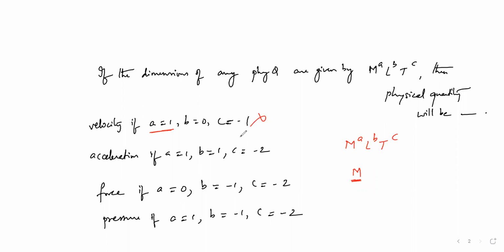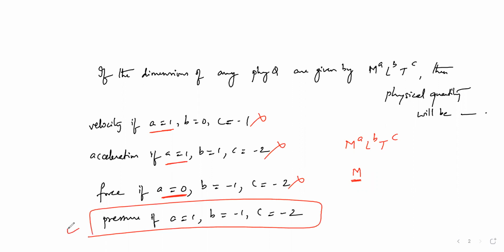So this cannot be your answer. Next, again taking a value 1. In acceleration also you don't have mass. This is also gone. They are telling a equals 0, that means there is no mass. Force: what is force? Mass into acceleration. Without mass, what force will they get? Nonsense. So your answer is pressure.